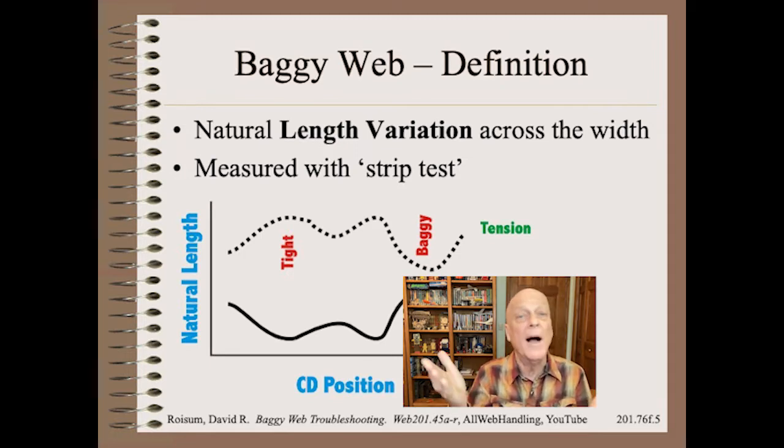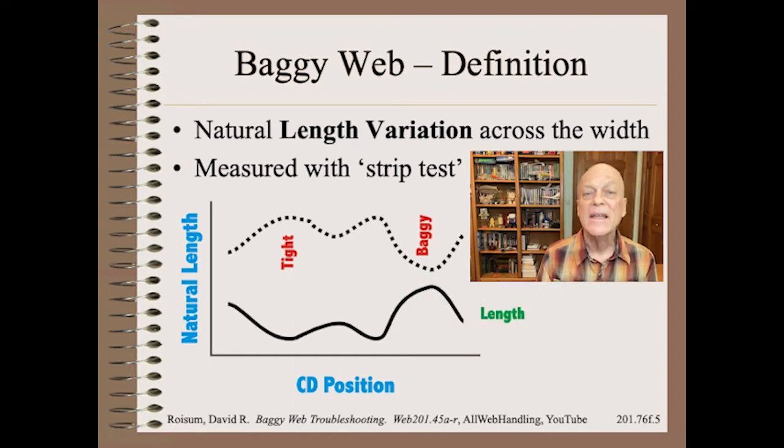While this is fine and correct and intuitive, I will offer an alternative definition and test for this purpose. That is, the natural length variation across the width. Baggy lanes are longer than their neighbors, and conversely, tight lanes are shorter.